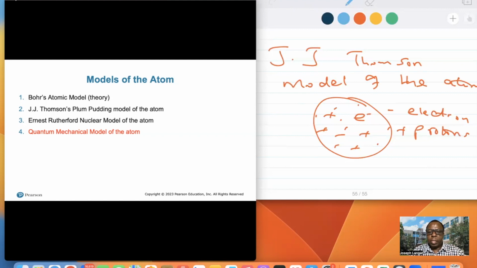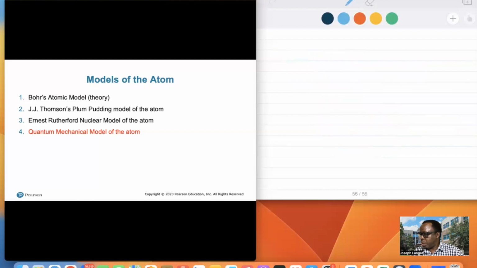Recall the Ernest Rutherford nuclear model. He bombarded the gold foil in the gold foil experiment. If you recall, he bombarded the gold foil with alpha particles, which were positive. It led to what we call the nuclear model, in other words, the Rutherford model.